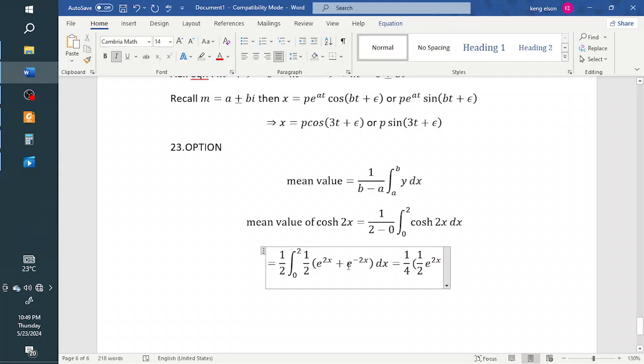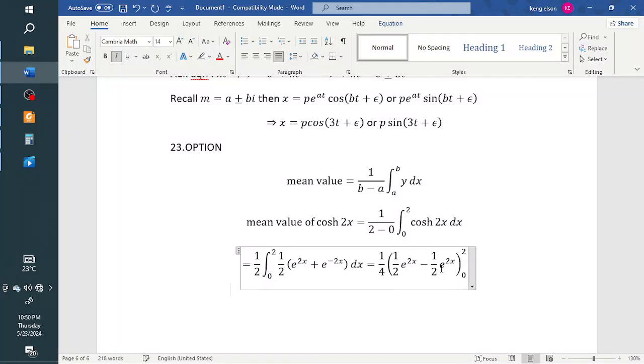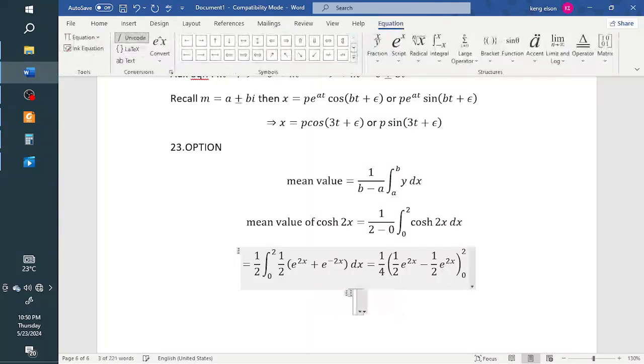When you integrate e to the negative 2x, you have negative half e to the negative 2x. We are doing that from 0 to 2. You can factorize this half and this half. You multiply with 1/4, you get 1 divided by 8.